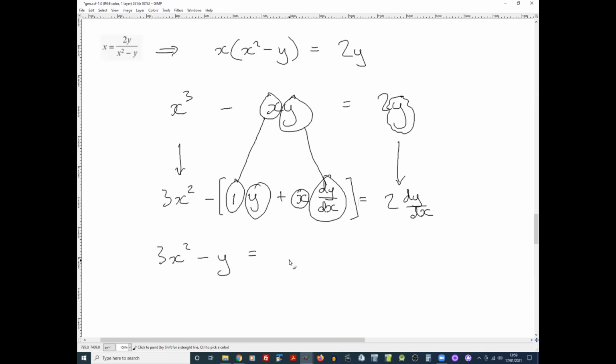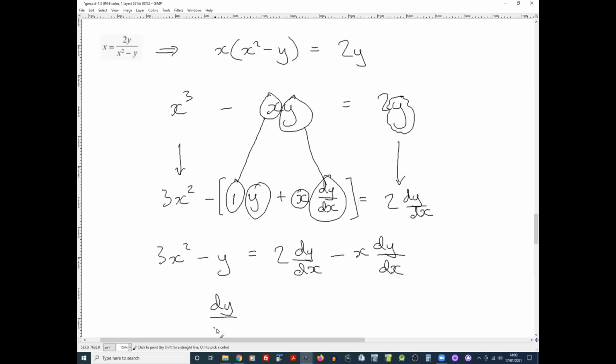However it's looking to you, that's good. 3x squared minus y is that many dy dx, followed by minus that many dy dx. Next, you can say dy dx equals 3x squared minus y over 2 plus x.